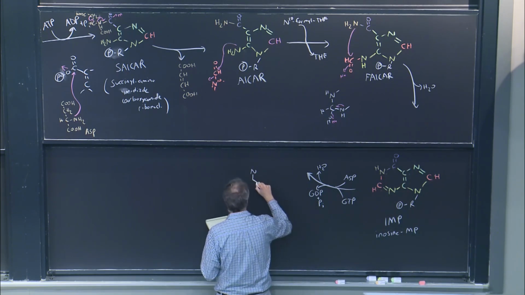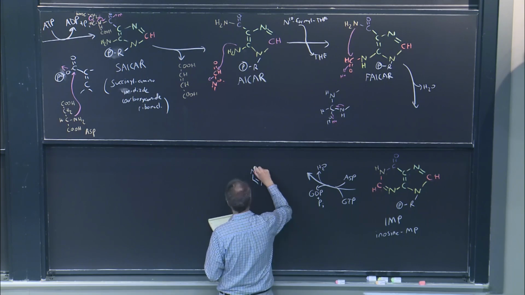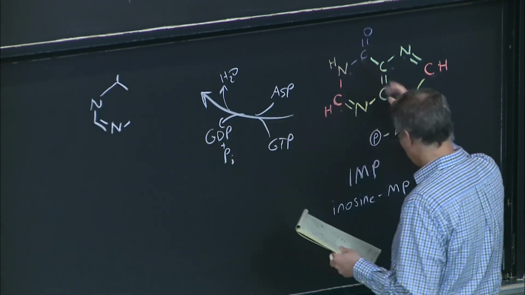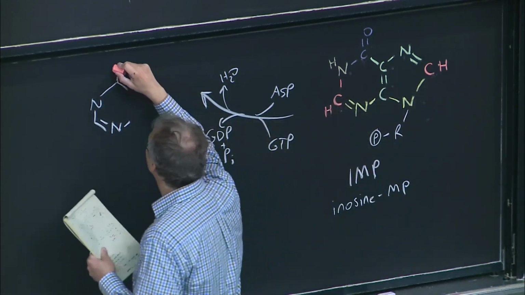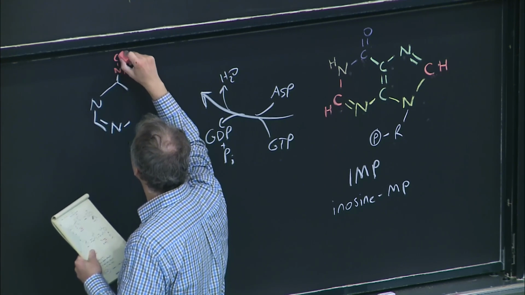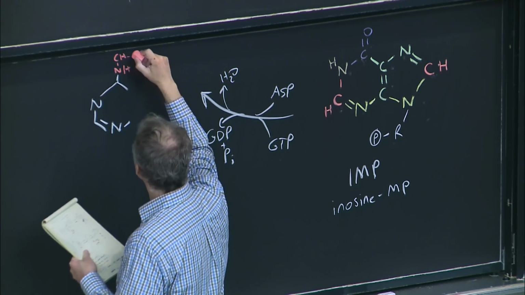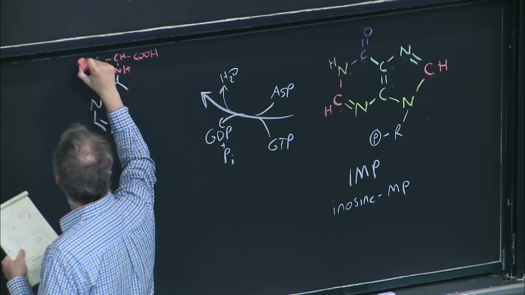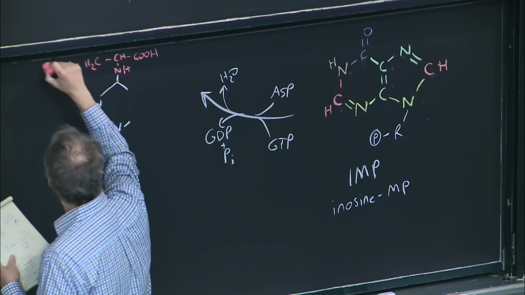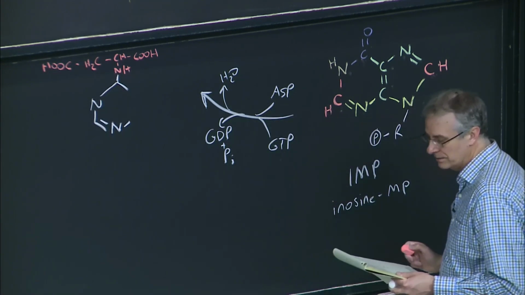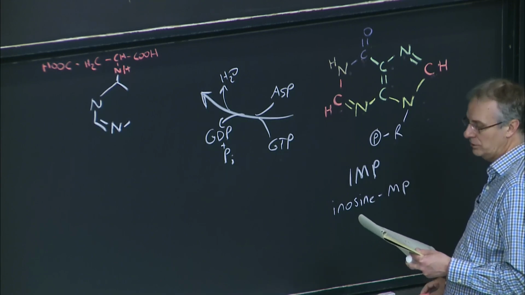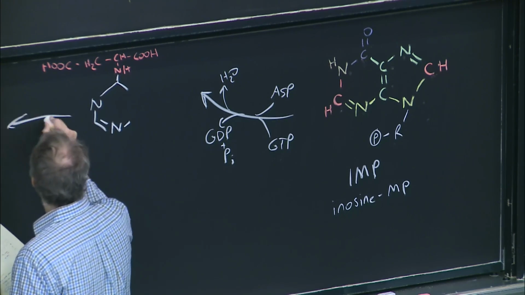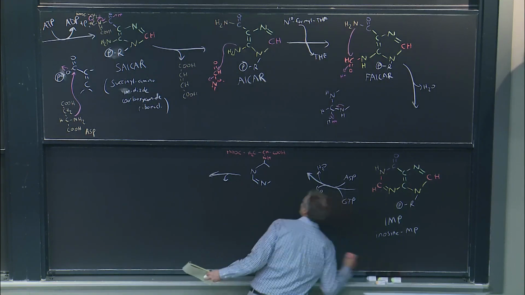So I'm not going to draw the whole structure for the sake of time. Okay, but this here would be the top here of the purine ring. So this would have a... okay, so that's going to add an aspartate molecule up there, and then from that we're going to release fumarate.